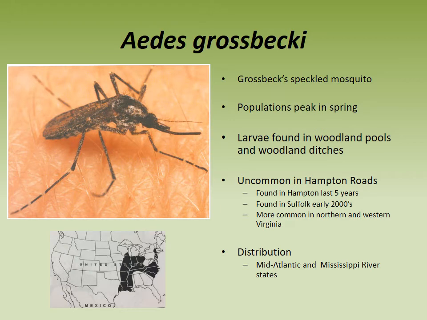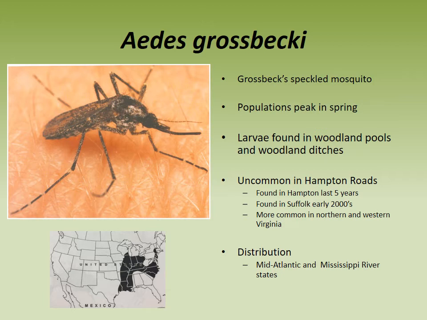Aedes grossbecki, also known as Grossbeck's speckled mosquito. These populations will peak in the spring. Larvae found in woodland pools and woodland ditches. I say that is uncommon in the Hampton Roads area, and that is true for certain cities.